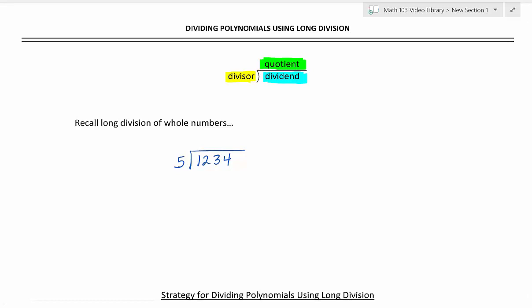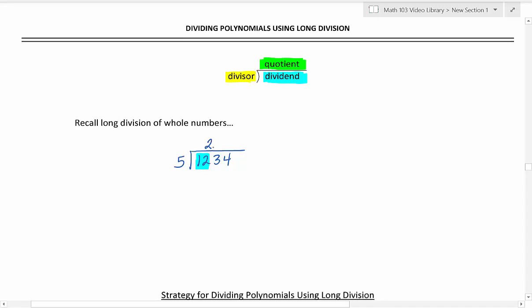So let's think about how we would divide 1,234 by 5. We start by taking our divisor into the first portion of our dividend, right? We don't try to take 5 into the whole thing, we just try to take 5 into 12. 5 goes into 12 2 times, so that's the first part of our quotient.